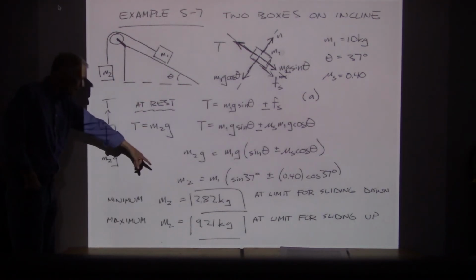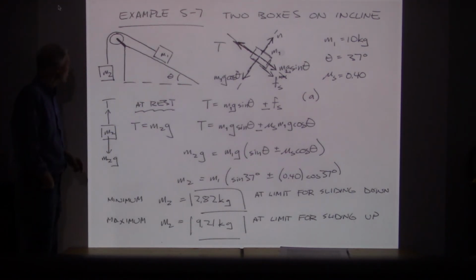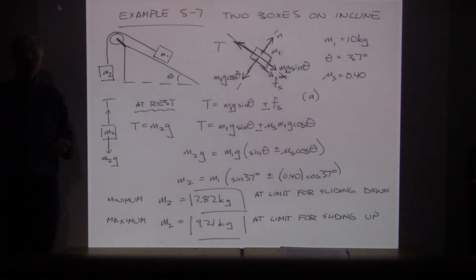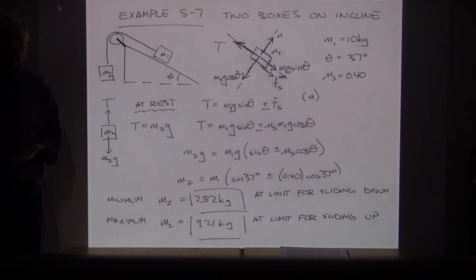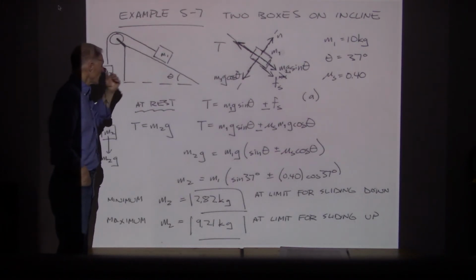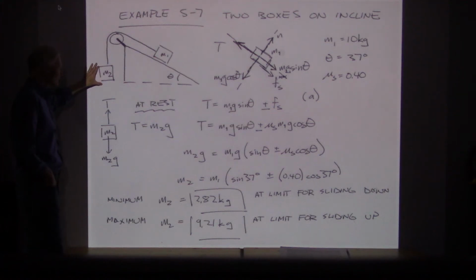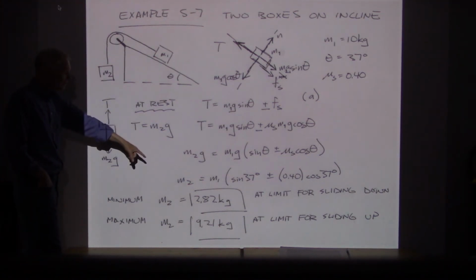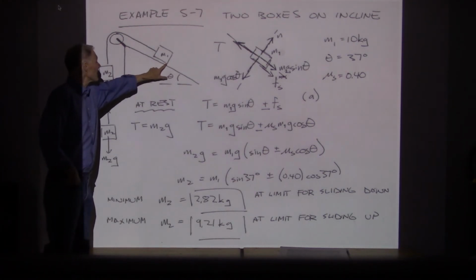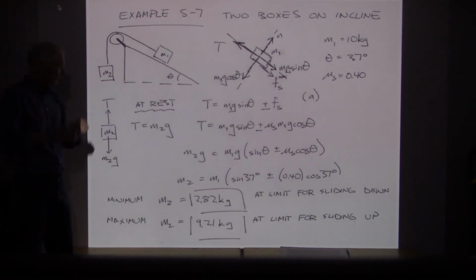Then friction alone is not enough to prevent object 1 from sliding down the incline. There's not enough static friction to hold object 1 in place, so I'm going to need some assistance from M2. I'm going to need at least 2.82 kilograms. Now, if M2 starts to get really big, the problem then is that M1 could be pulled up the incline.